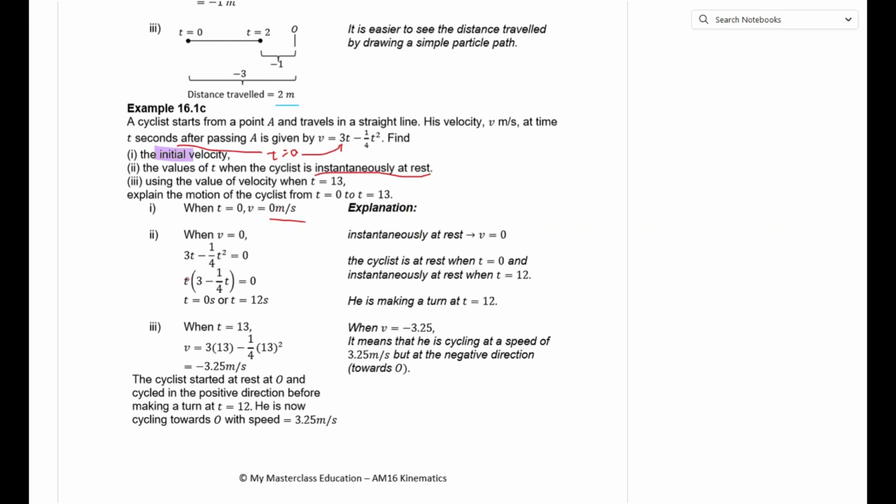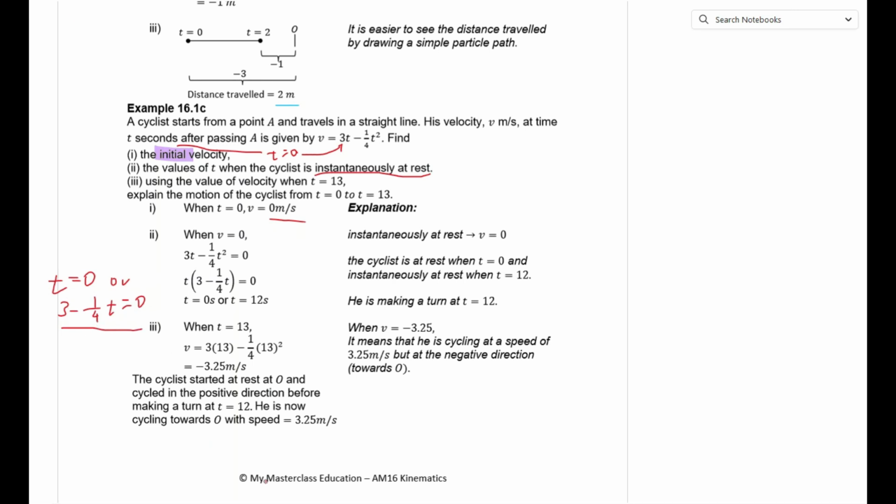So you factorize out your t, and you'll get two equations: t equals 0, or 3 minus 1/4 t equals 0. Therefore, your answers will be t equals 0 seconds, or t equals 12 seconds. And your 12 seconds is derived from this equation, moving the 1/4 t over and multiplying both sides by 4.